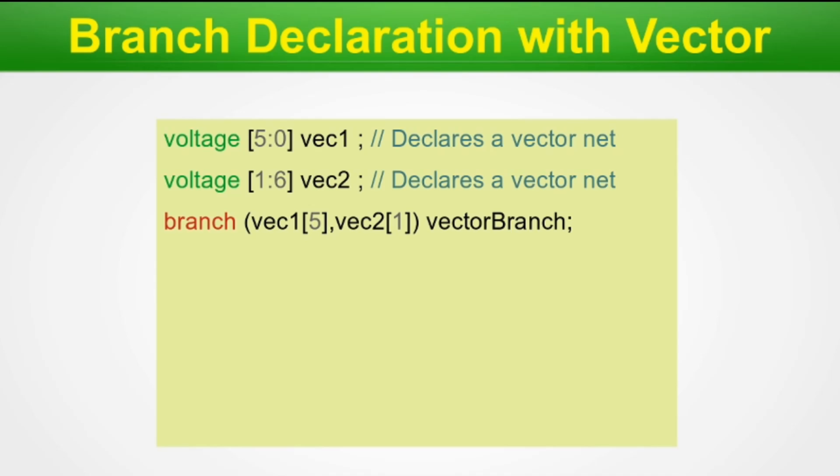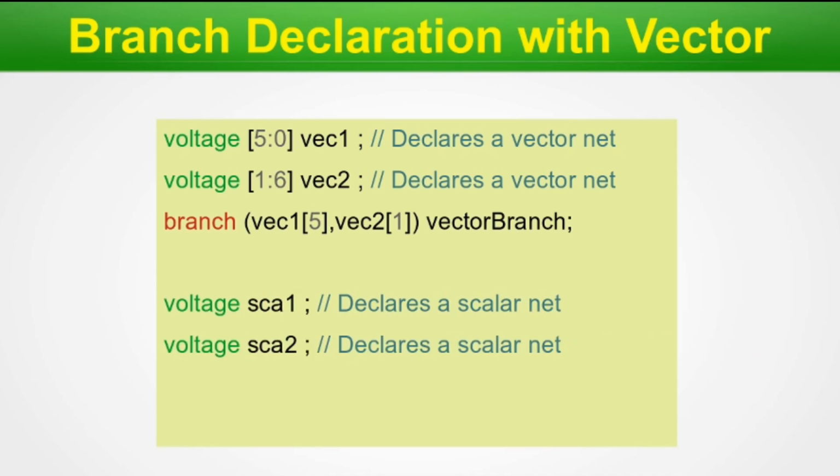First the branch keyword, then within first brackets we write vec1 and vec2, close the bracket, and then we write the vector branch name as vector branch. In contrast, if we want to declare a scalar branch, we will do it this way. We declare a voltage scalar net here, scalar net 2, and we declare the branch with the branch statement, then in first brackets scalar1, scalar2, and then the branch name as scalar branch.